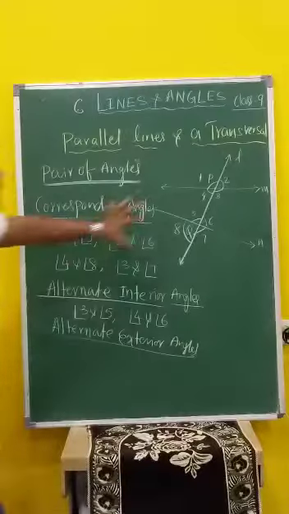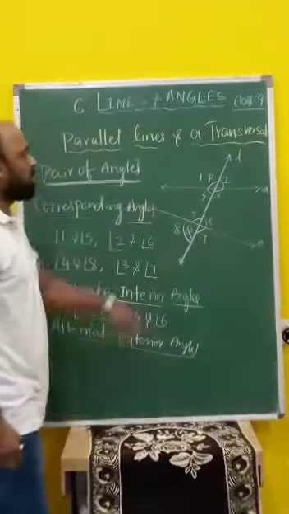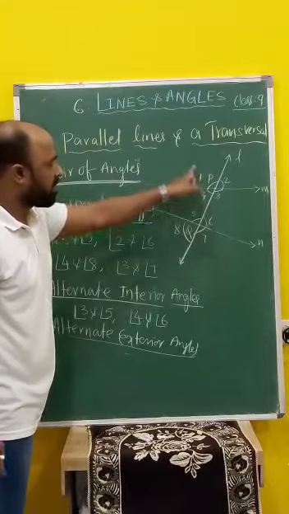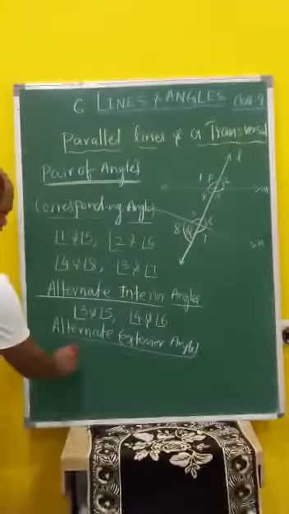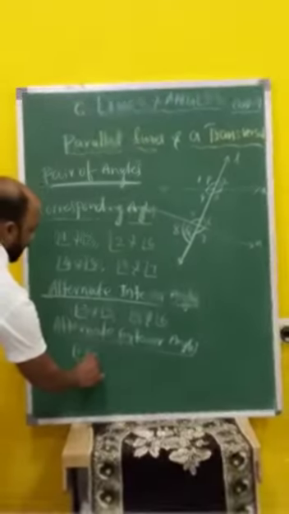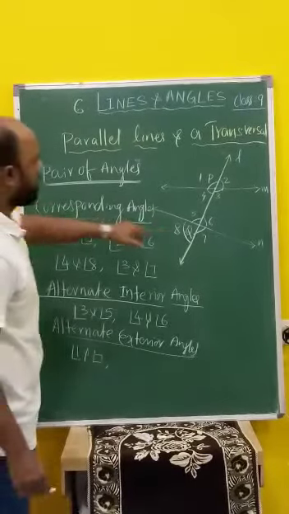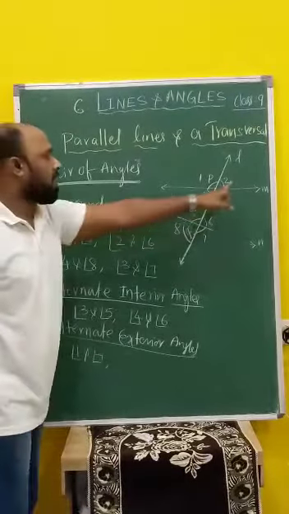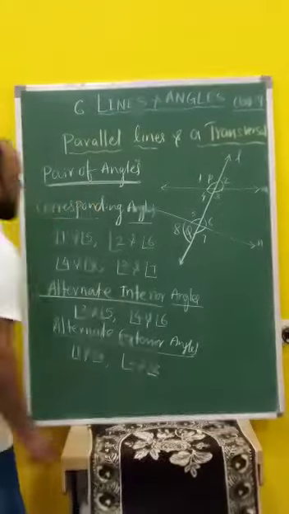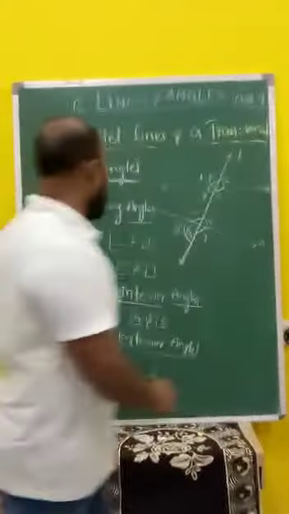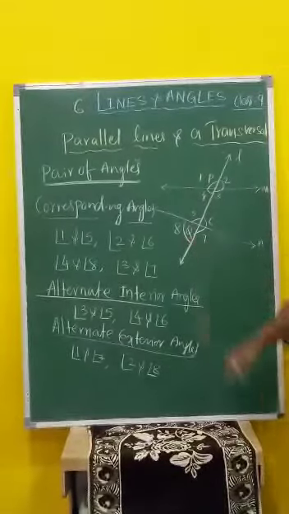Here inside, but here outside: angle 1 and angle 7 form an alternate exterior pair. Next, angle 2 and angle 8. These are alternate exterior angles. Here one pair, here one pair: 1 and 7, and 2 and 8.